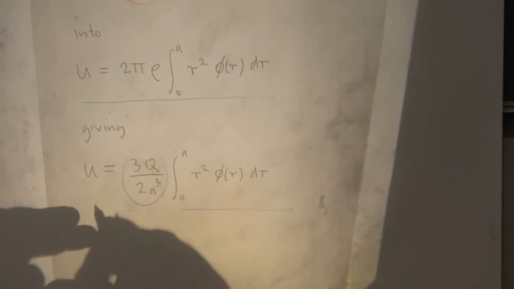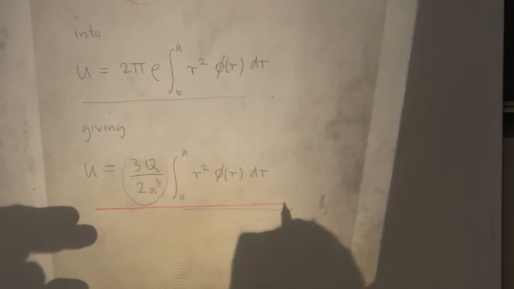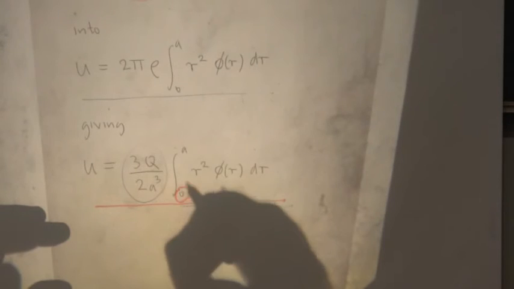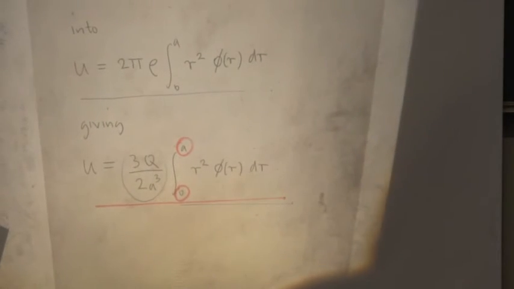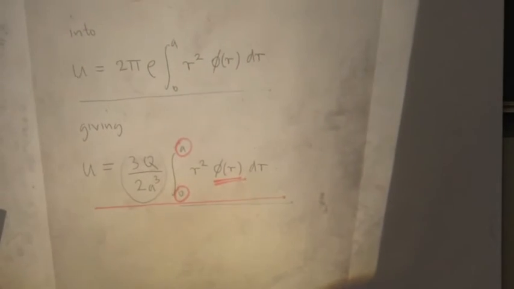And this gives you the total energy as given in this expression. And again, you're only integrating from 0 to a, but this is determined partly by the work done in bringing the charge up from infinity.